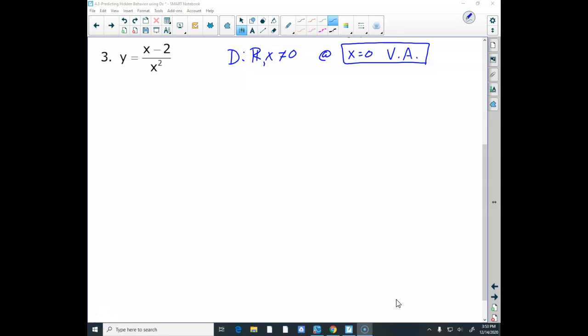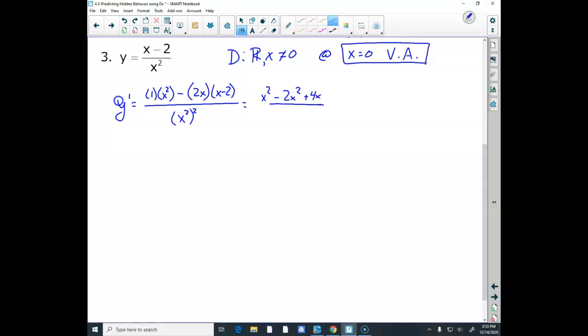All right, so I'm back here. So hopefully you found your first derivative. If you're like, oh crap, it's a quotient, you're right. Don't worry about it. It's the derivative of the top times the bottom minus the derivative of the bottom times the top, all over the bottom squared, which gives me x squared minus 2x squared plus 4x over x to the fourth, which really is negative x squared plus 4x over x to the fourth.